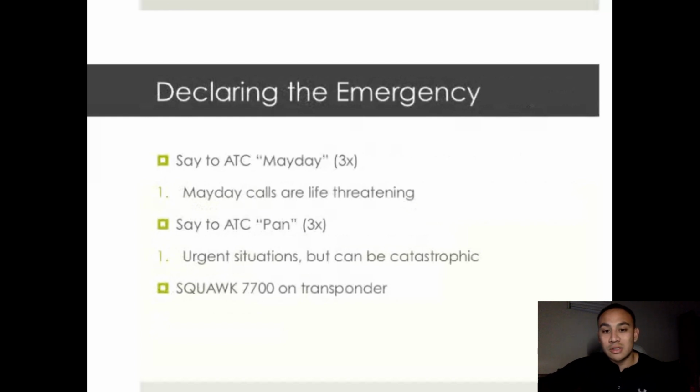And you declare the emergency just like this: Mayday, Mayday, Mayday, if your emergency is life threatening, or Pan, Pan, Pan if it's an urgent situation, but it is not an immediate life threatening situation. In addition, let's say you're having an engine failure or there's a fire, you want to squawk 7700 on your transponder.